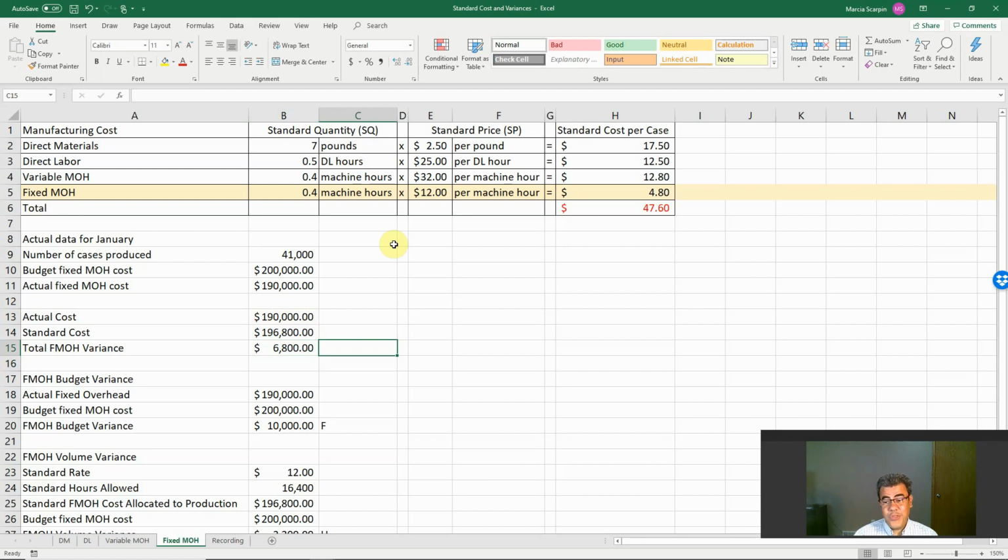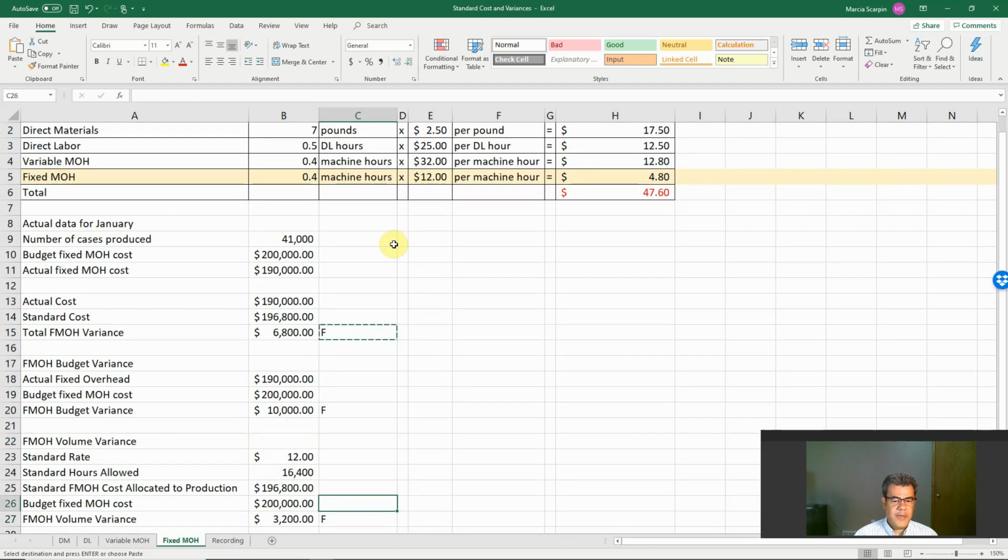And then how do we know if it's favorable or unfavorable? If actual costs are greater than our standard costs, then it is unfavorable. Otherwise, it is favorable variance. So here, favorable. Let's copy and paste here.